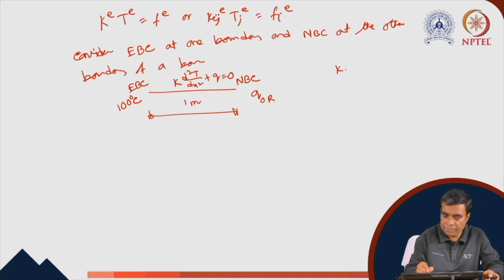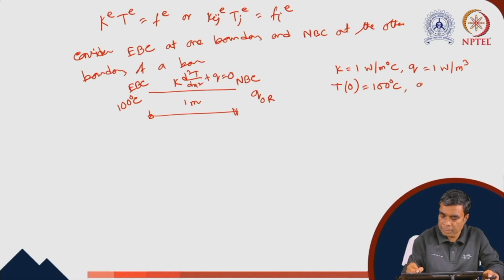We can consider K equals to 1 watt per meter degree centigrade, Q equals to 1 watt per meter cube, T at x equals to 0 is 100 degrees centigrade, and Q0R is given as 1 watt per meter square.